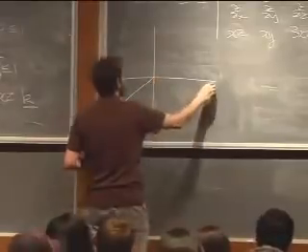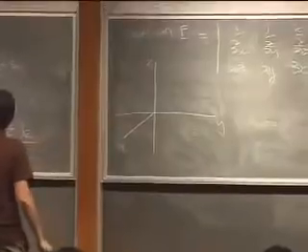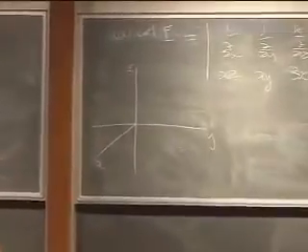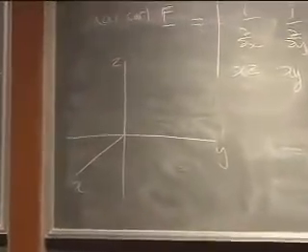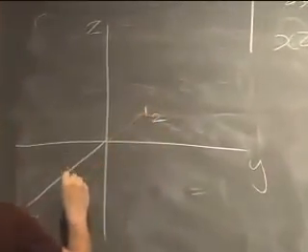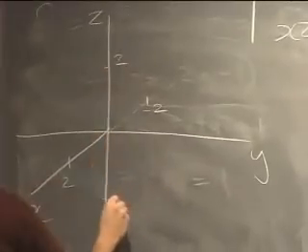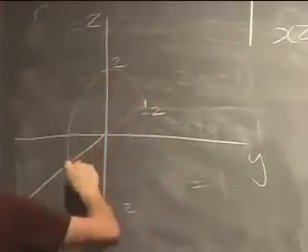There's the x, y, and z axes. We're looking at x squared plus z squared equals 4, which is a circle in the xz plane of radius 2. So in some sort of perspective, it looks like this.